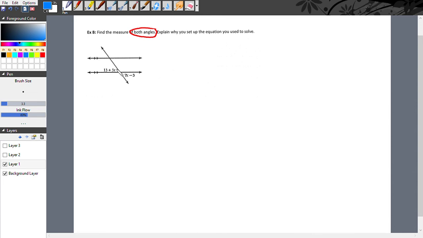In this picture, my angles are here and here, and those 2 angles, because they are directly across from each other, they're across this intersection of lines, that means that these 2 angles are vertical angles. So my theorem, my property that I'm using here is what I know about vertical angles. So the way I'm going to set up and solve this is going to use that.